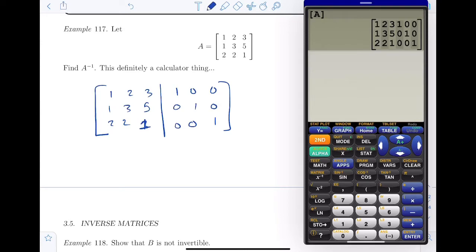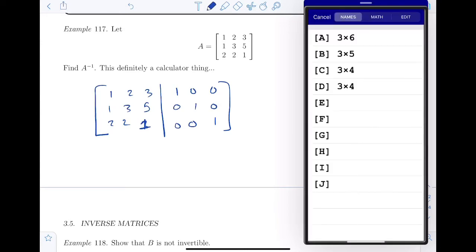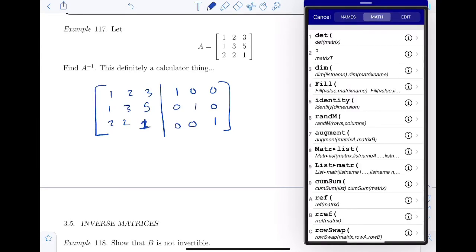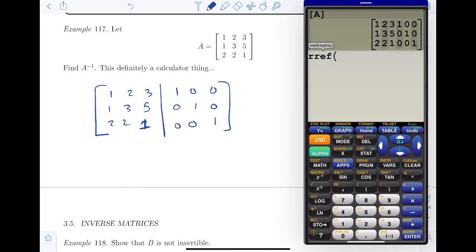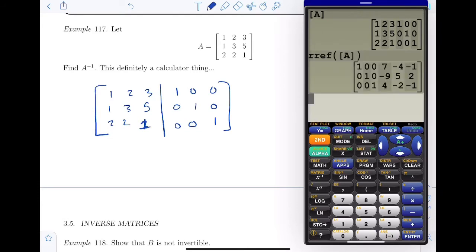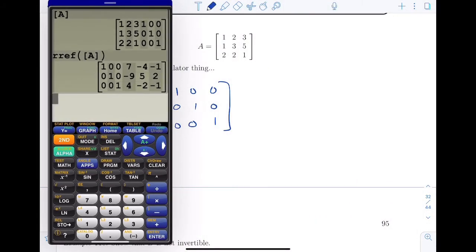Okay, and we all know how to do this now. So matrix, we are going to math, RREF, and we're going to RREF the matrix A. And there's what we get. So let's write that down. When you're taking tests, just write this down. This is fine. 1, 0, 0, 0, 1, 0.